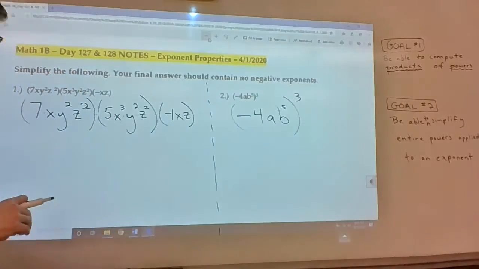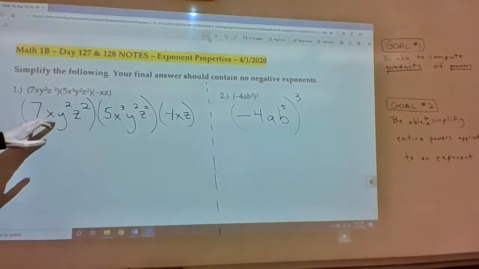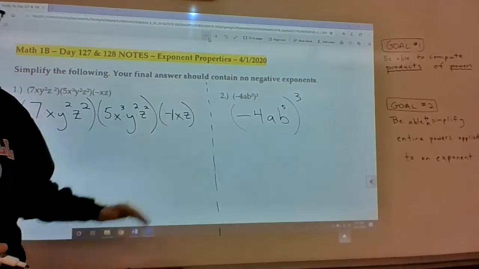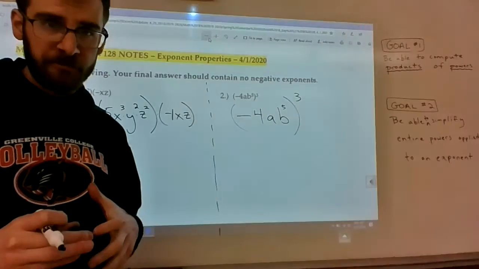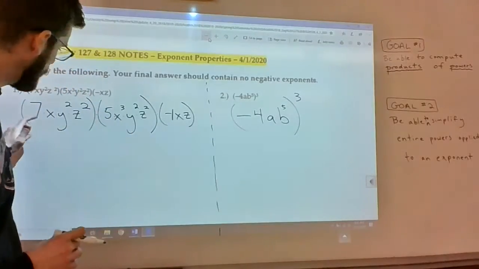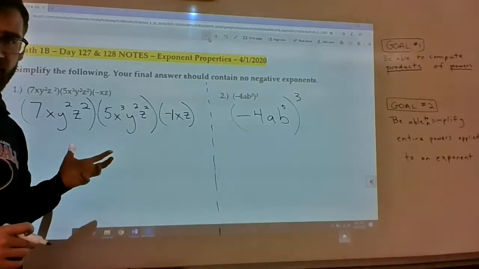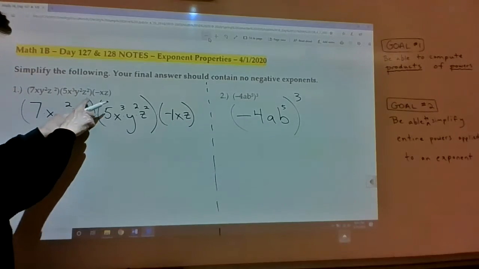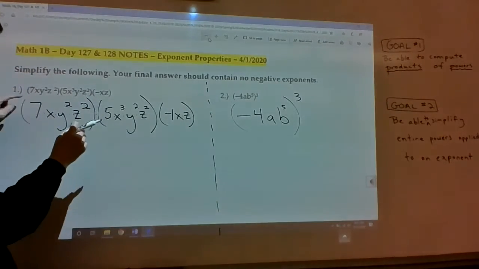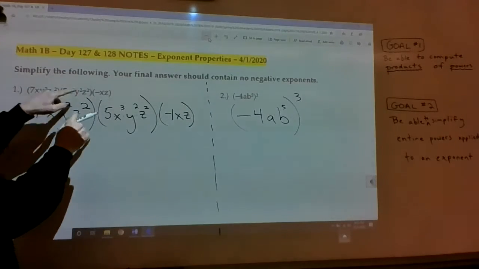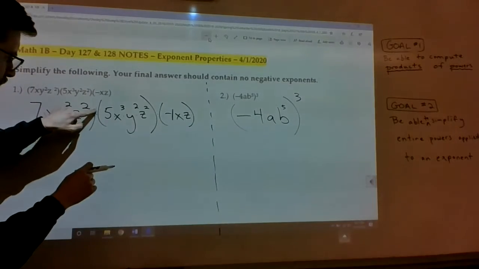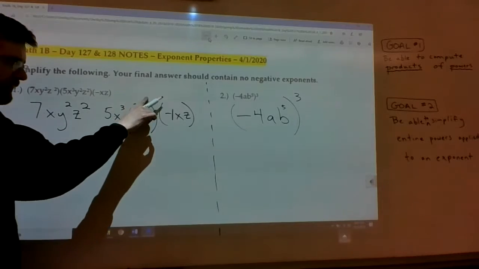All right. So now that we've got straight up multiplication, you can use what's called the commutative property to say, I don't know what 7 times x is, but I do know that 7 times 5 is 35. And since these parentheses are just acting as multiplication and they don't have any exponents applied to them, you can just remove them.